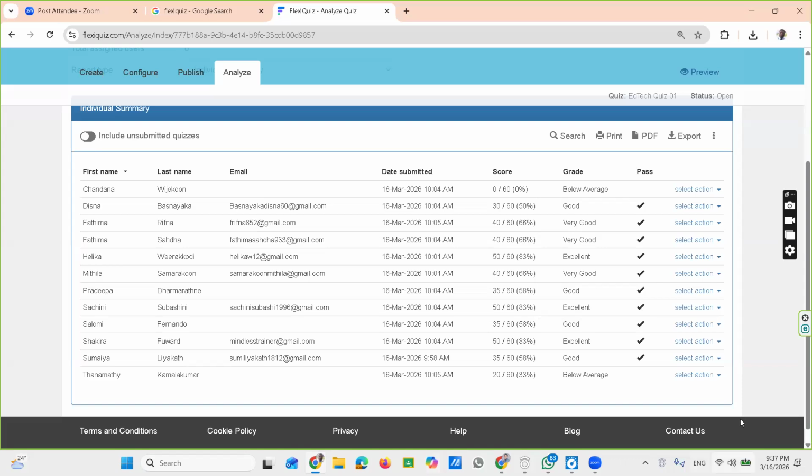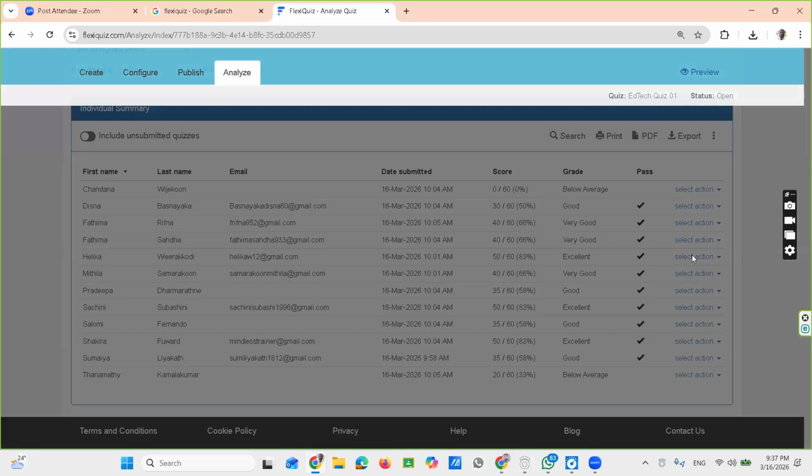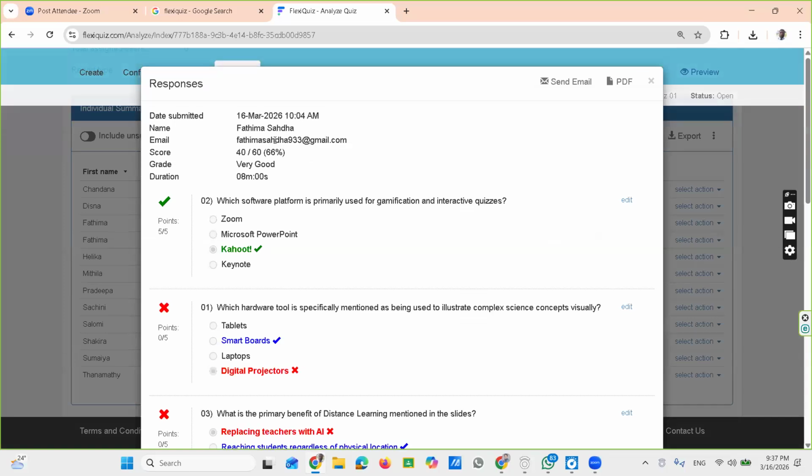For example, suppose I randomly pick one of the paper answer scripts here and click view, Fatima Sharda. The basic information can be found at the top, the score is also available, and the grade is also there.